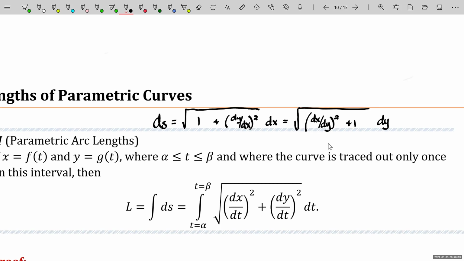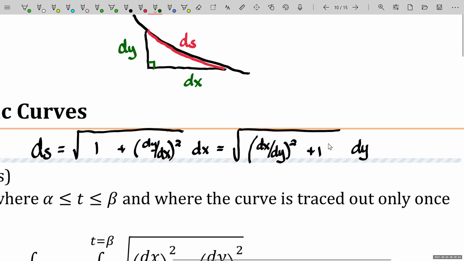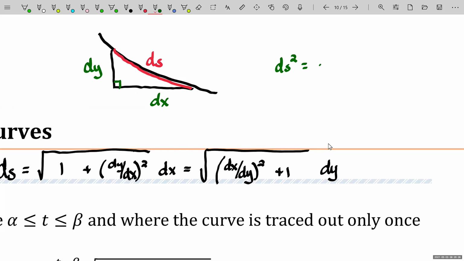You had some curve, and you had a wiggle in x and a wiggle in y. And this edge length right here we called a wiggle in s. And this floor length was a wiggle in x, and this was a wiggle in y. Using the Pythagorean theorem, we got that ds squared was equal to dx squared plus dy squared.